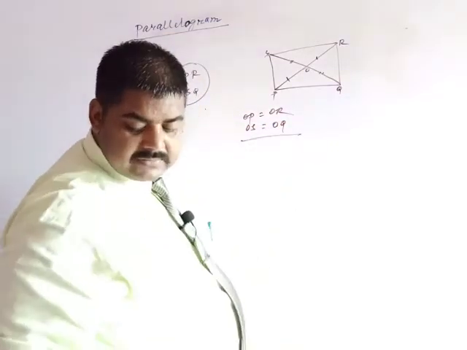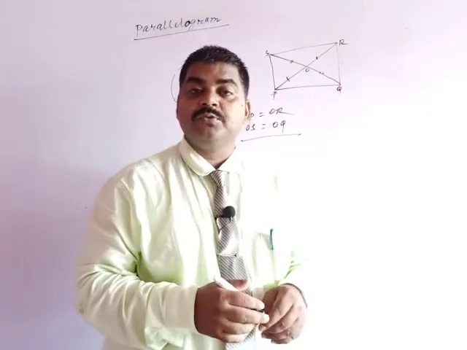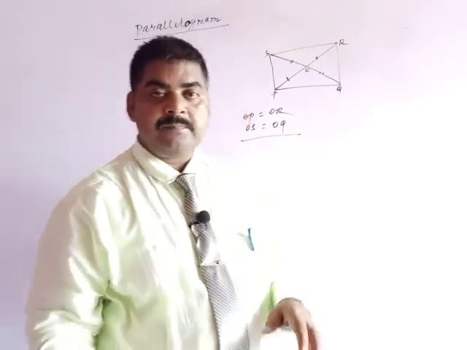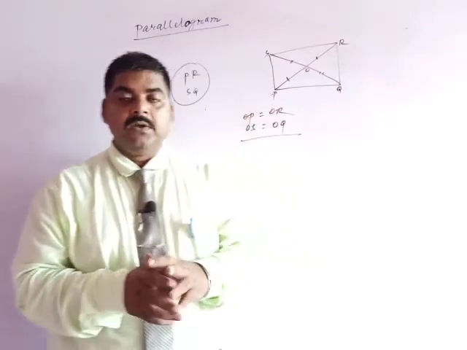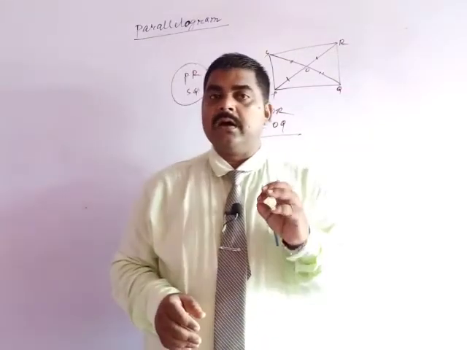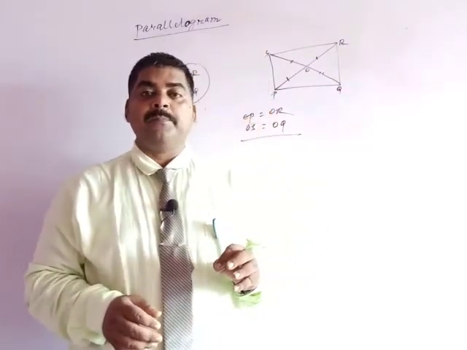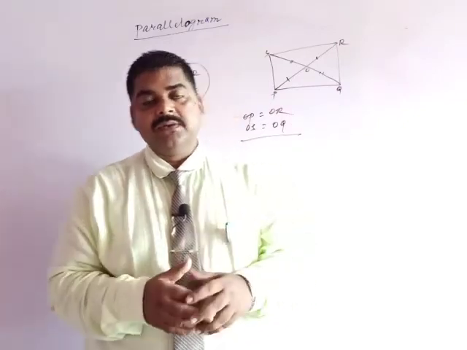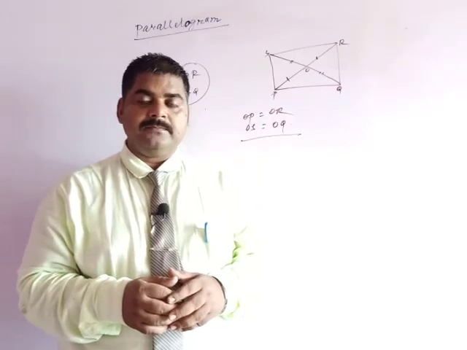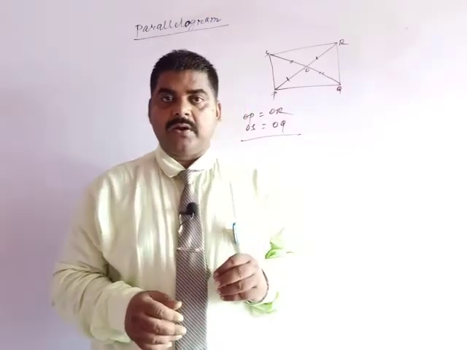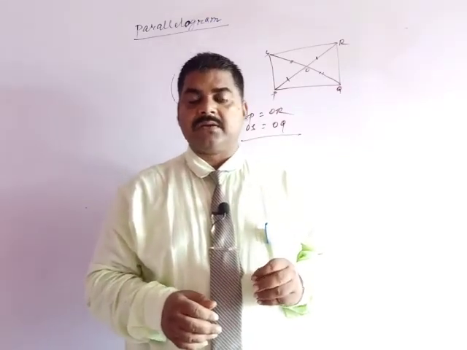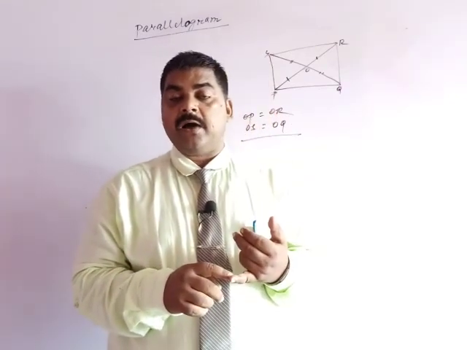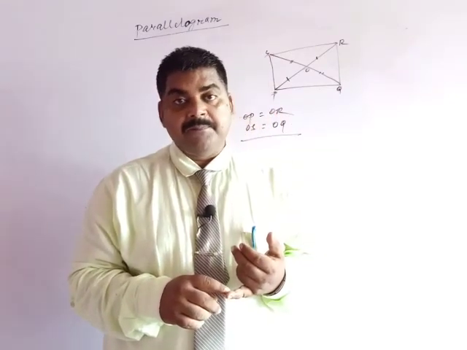My dear students, last, you have to recap all the definition and properties of a parallelogram. What was the definition? A type of quadrilateral whose opposite sides are parallel and equal is known as a parallelogram. The characteristics of parallelograms are: first, opposite sides must be parallel.